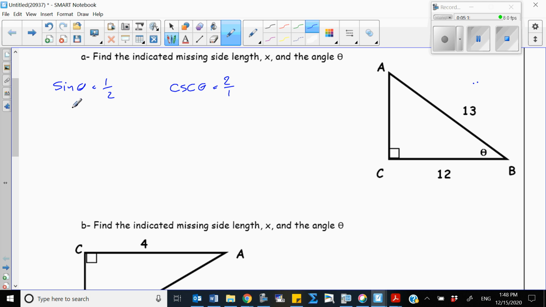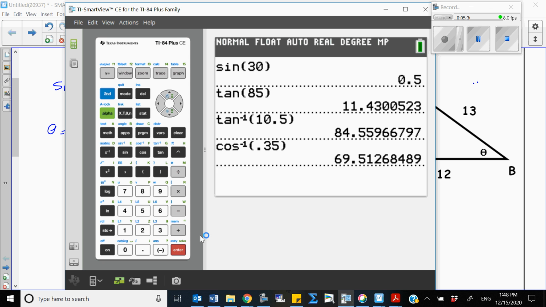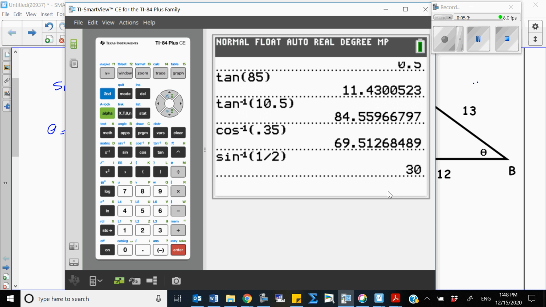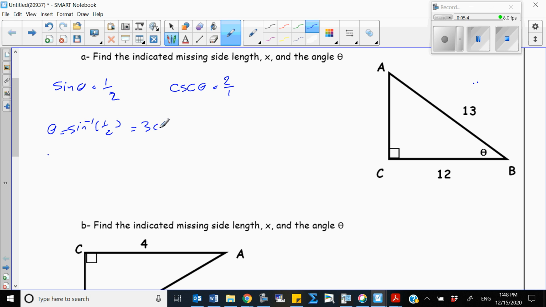When I'm using the inverse function, I'm going to say theta will be equal to sine negative 1 of 1 over 2. And then I use my calculator. Sine negative 1 of 1 over 2 is equal to 30. So you see, they are totally different things. This is reciprocal, this one is the inverse.